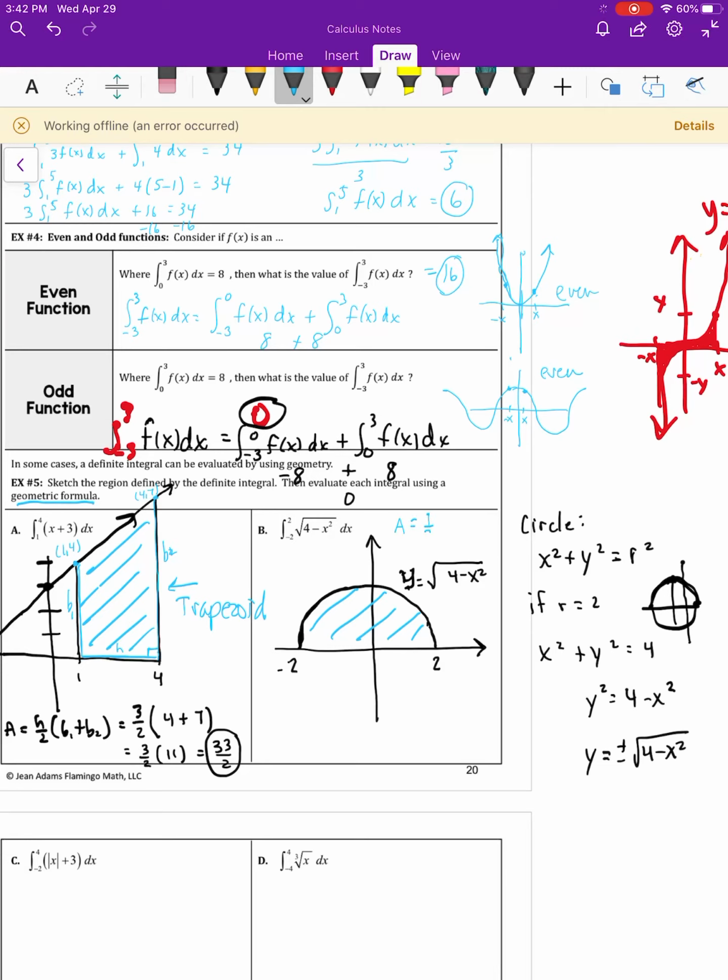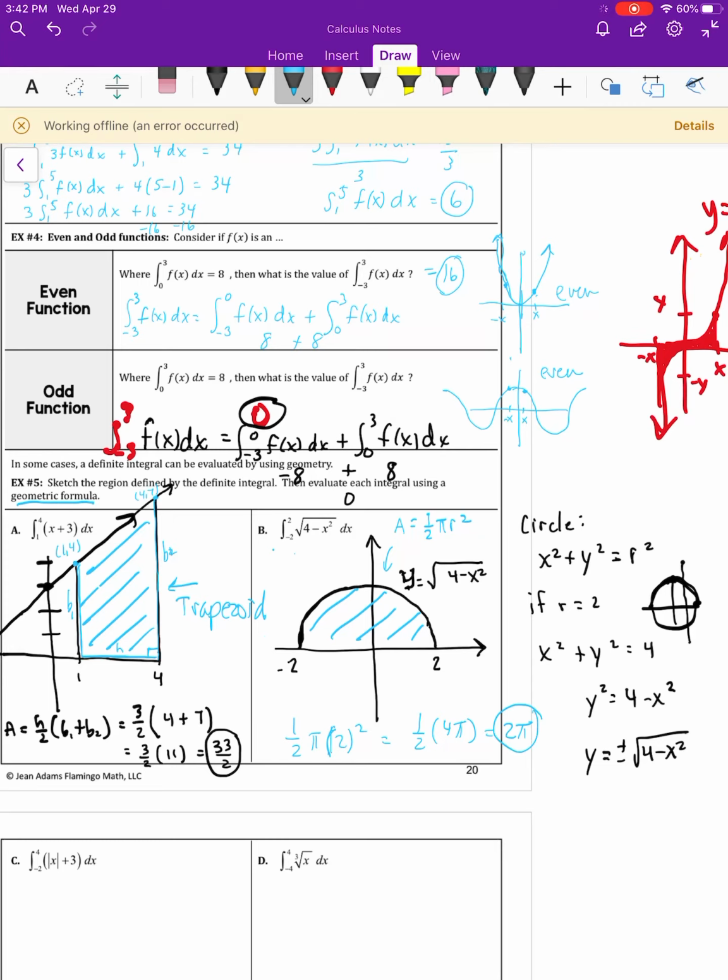So see how they wanted you to use a geometric formula? And I know that the area of a half circle is 1/2 pi r squared. So if I wanted to find the answer to this integral, I'm just going to say 1/2 pi 2 squared.